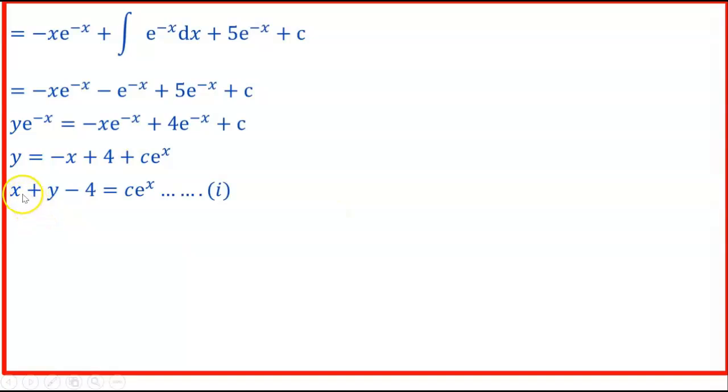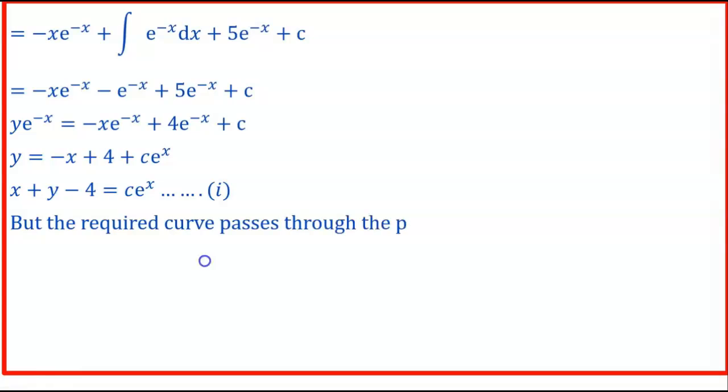And therefore it can be written again as x plus y minus 4 is equal to c into e raised to x. But the required curve passes through the point (0, 2), and hence here we will substitute x is equal to 0 and y is equal to 2. After x is equal to 0, y is equal to 2, minus 4, c, and x is equal to 0 means e raised to 0.